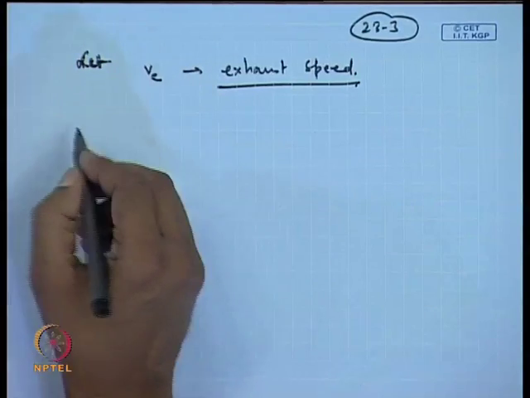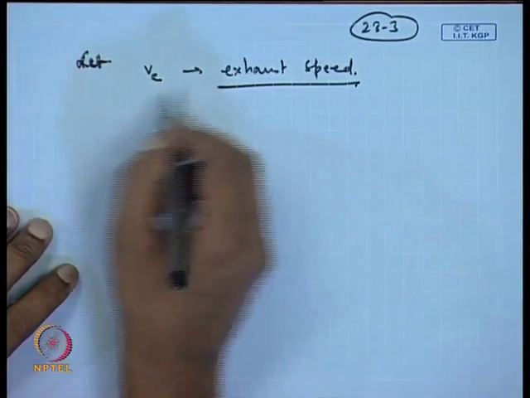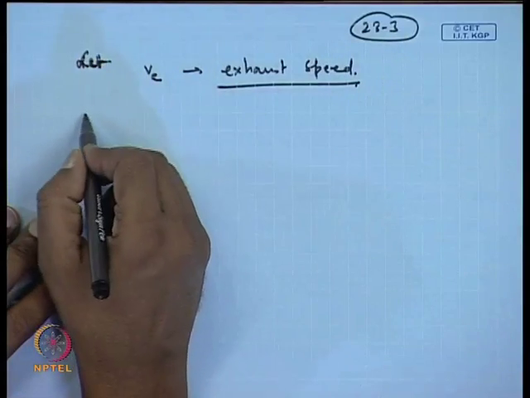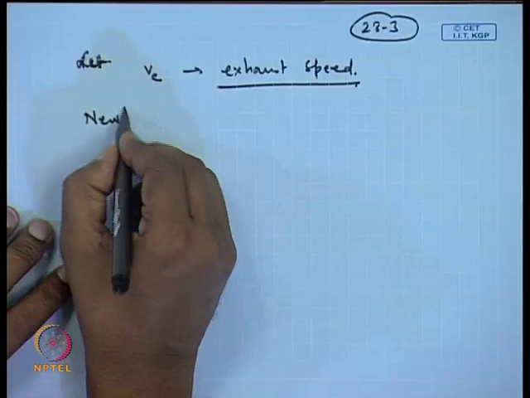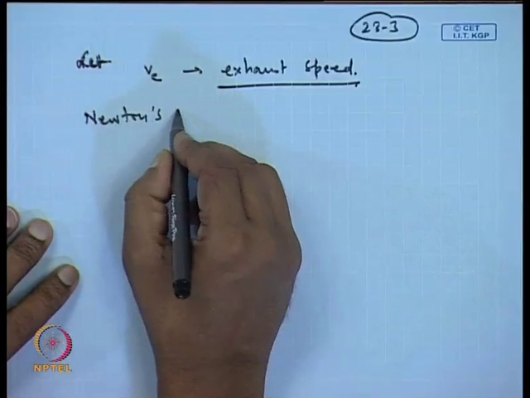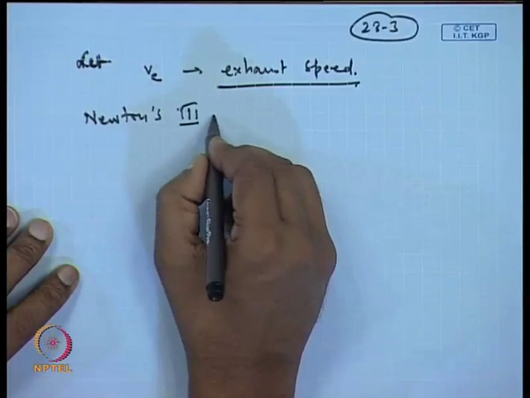So, we start deriving the equation for the rocket using Newton's third law.